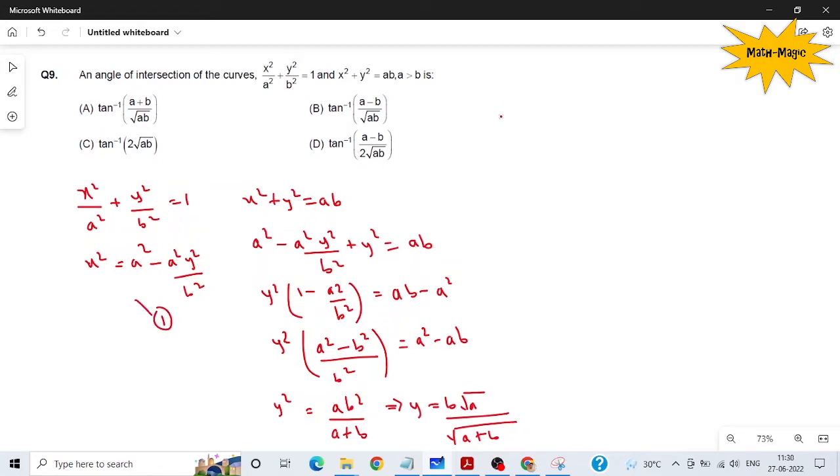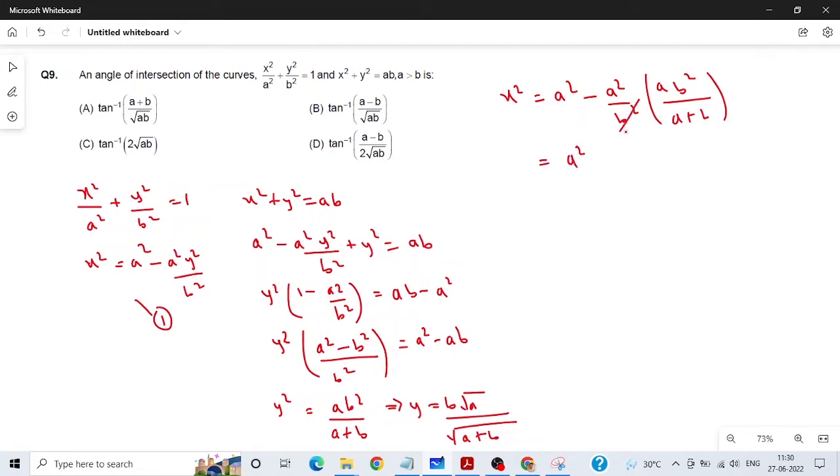Now let's find the value of x. Using equation 1, we get x² = a² − a²y²/b², and the value of y² is ab²/(a + b). We can take a² common and the b² gets cancelled.